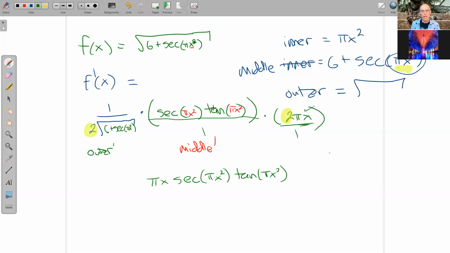So I got that, I got that, I got that. I took care of that 2 down there, so that's gone. The last thing is the square root in the denominator: 6 plus secant pi x squared. And I don't think there's much we can do to clean this up.